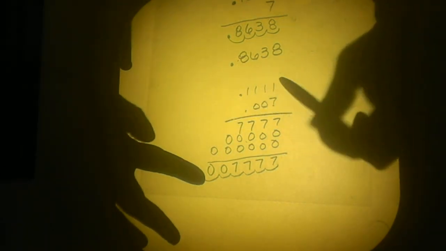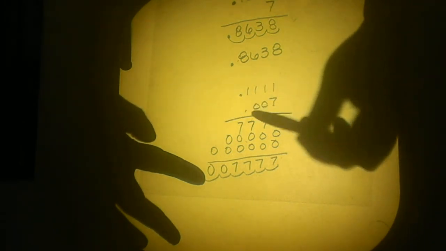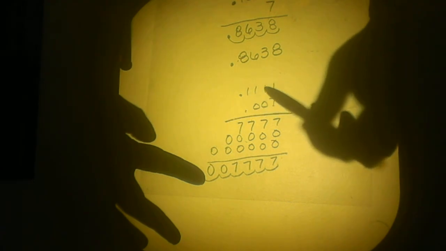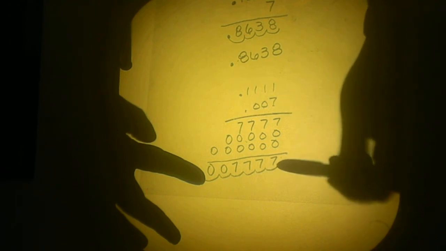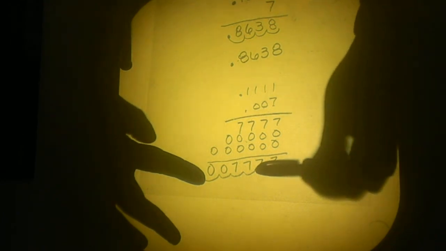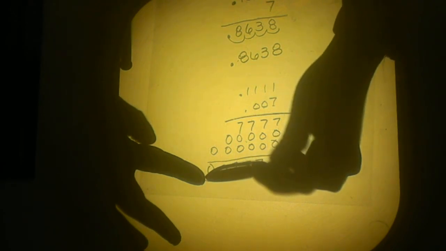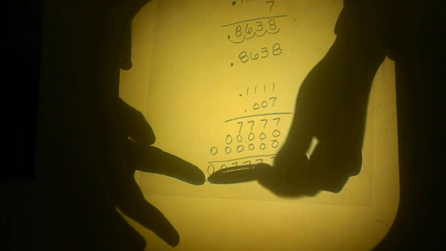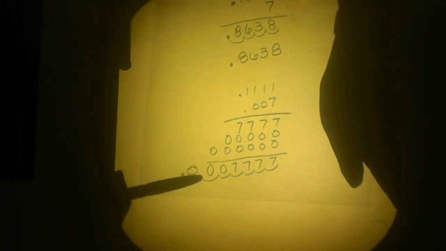But when I counted my total number of numbers to the right of the decimal, there's 4 in this one and then 3 here. So 4 plus 3 is 7 decimal spaces. So I started here and moved 1, 2, 3, 4, 5, 6. But that's all I had. When you run out of decimal spots, you need to add in an extra 0.